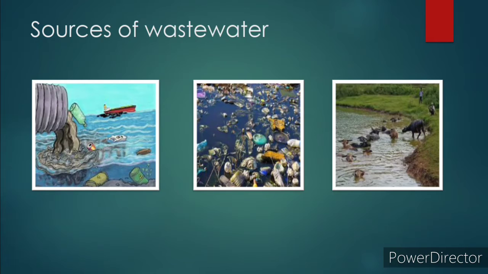In these images, you can easily see that the harmful liquid waste from the industries is getting mixed into the water. Then there is littering of plastic bottles, rags, flowers and cans in the water bodies. Then giving baths to animals in water bodies like ponds and rivers makes water dirty.